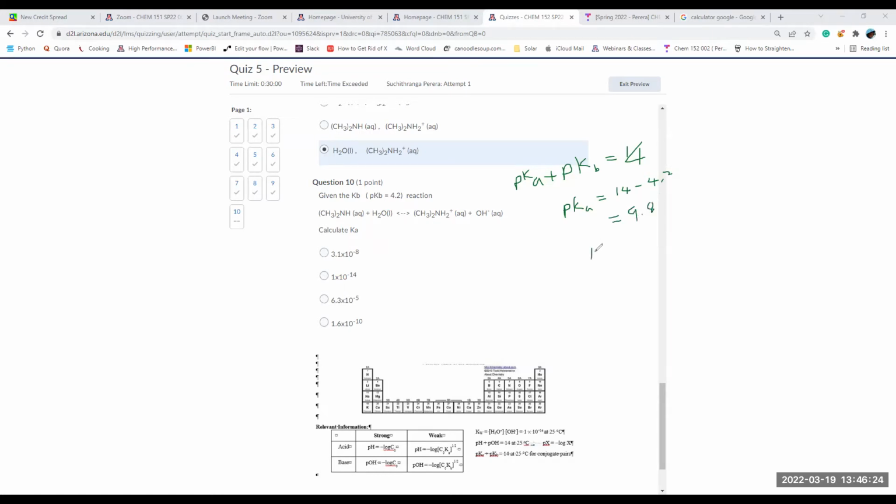Now Ka must be 10 to the power of minus 9.8. This should give us a 10 to the power of minus 10 answer. The only 10 to the power of minus 10 answer is the last option, option D. I'm going to select option D. That's my correct answer for the question.